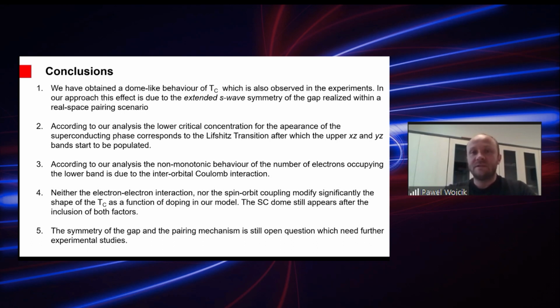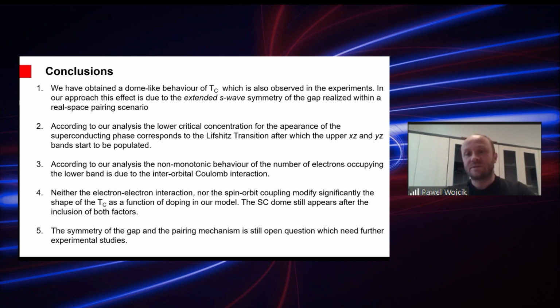Moreover, we showed that, in fact, the superconductivity is probably induced by pairing in the higher lying bands, dxz and dyz, and the Lifshitz transition is not exactly at the critical temperature maximum, but it's a point in which the superconductivity is induced. And this picture does not change if we include the Coulomb interaction, if we include the spin orbit interaction.